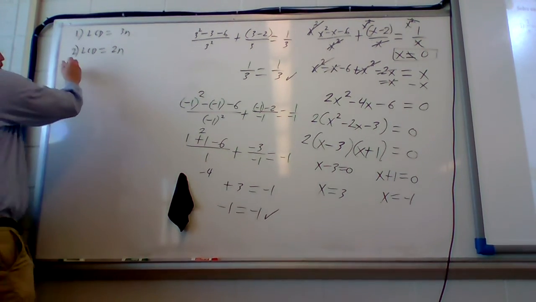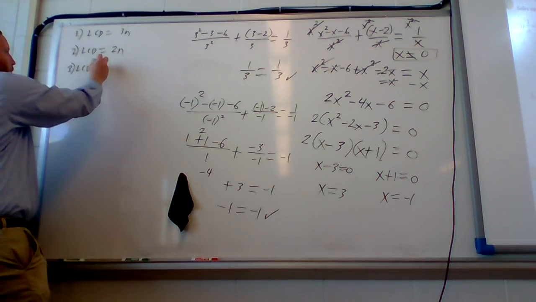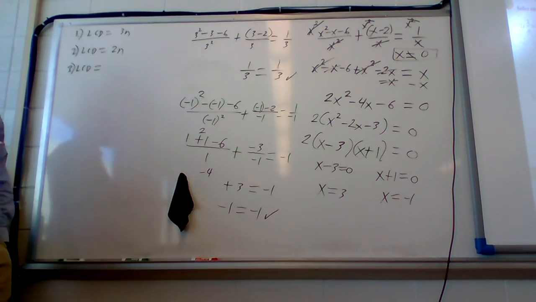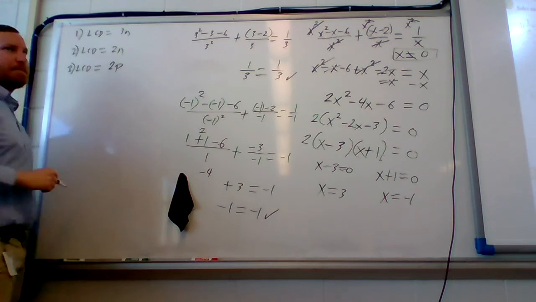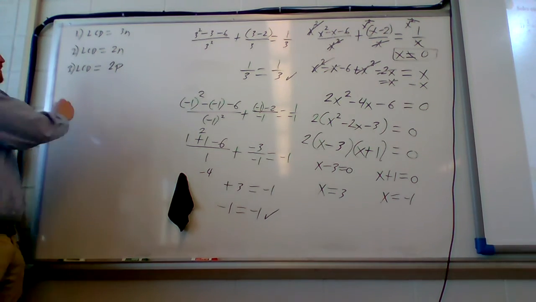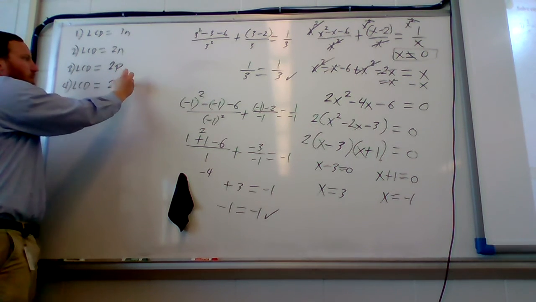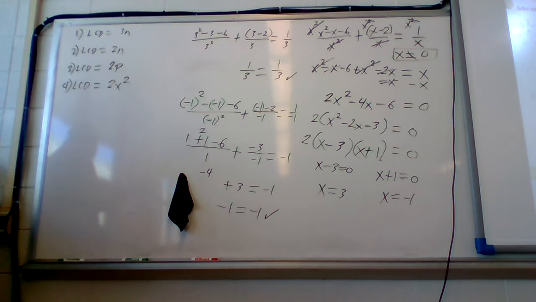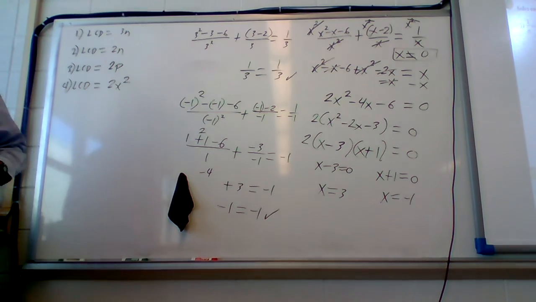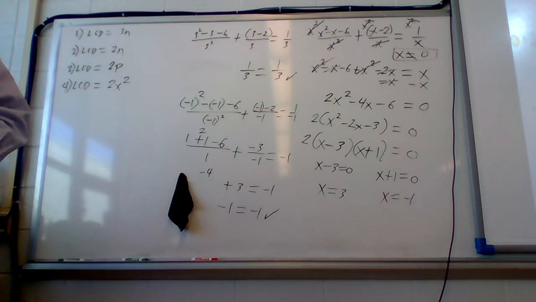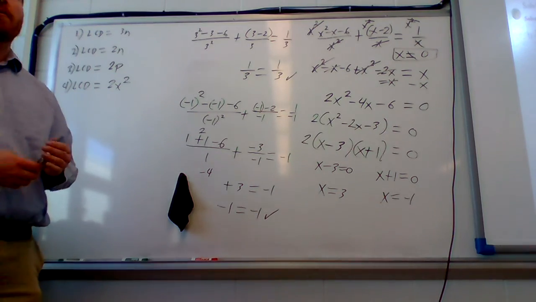Number 3, 2p. Okay. Number 4, what would be our LCD for that? Next one. Any questions on how we're getting those? Again, that's kind of starting us in the right direction on how to solve this. So you guys have 20 problems to do today. Okay. Any questions? Yes.